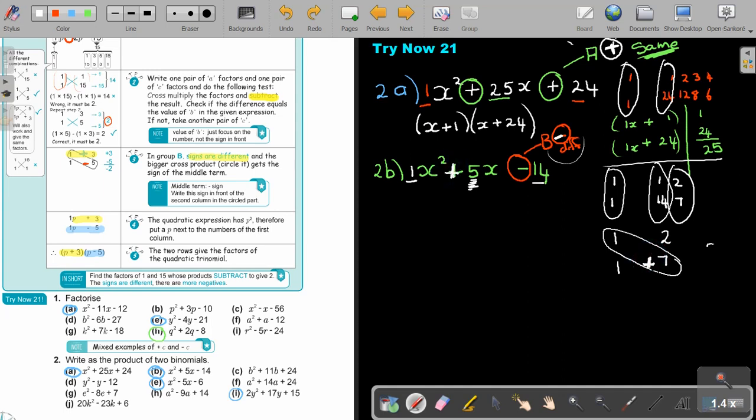So it's not always negative, it's not always positive, it depends on this sign. And then if this is positive, this will be negative. And then it's x squared, x, so it's x, x. So what do I get? I get x minus 2, and I get x plus 7. And that's going to be the final. Okay.